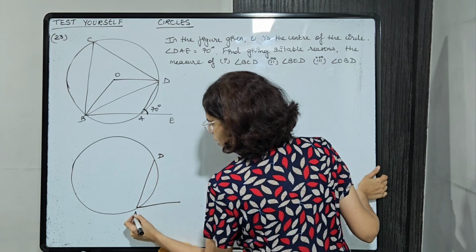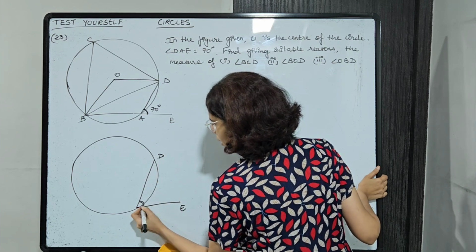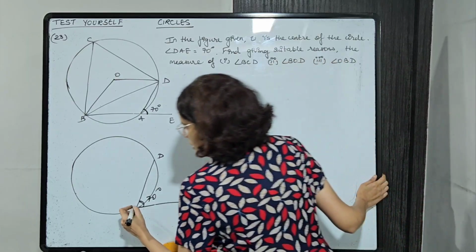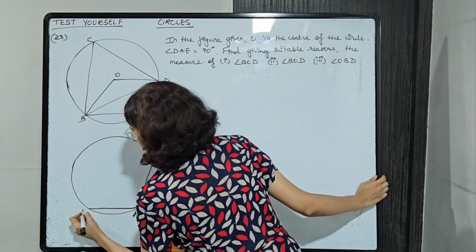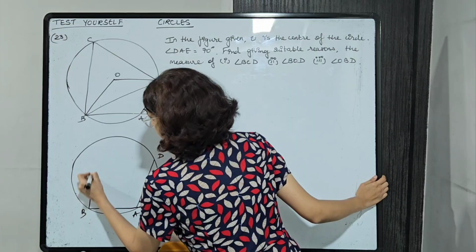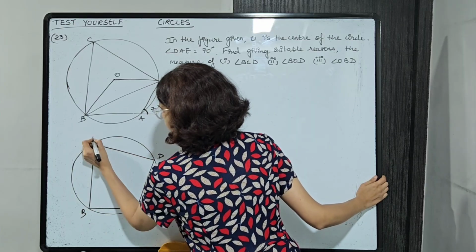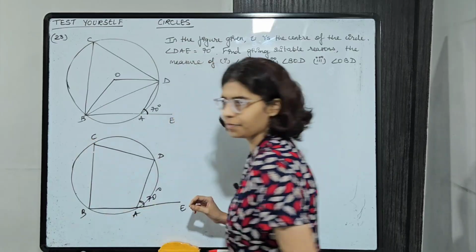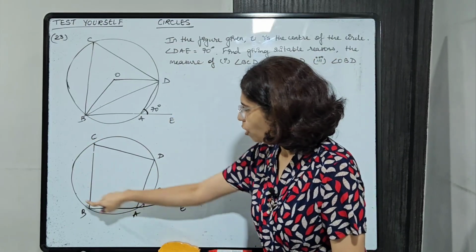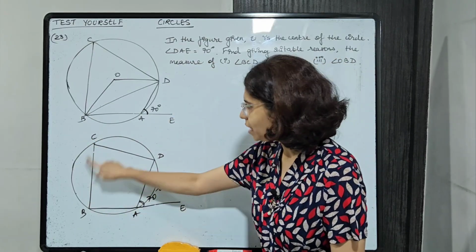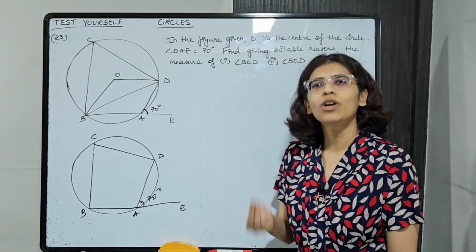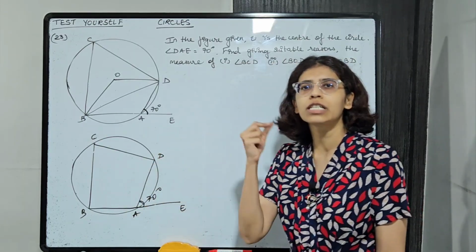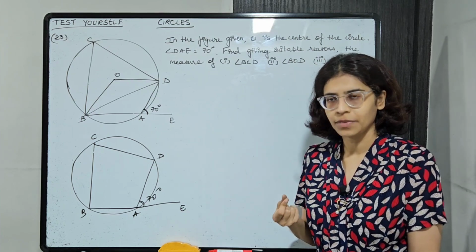We are given angle DAE, right? DAE is 70. This quadrilateral ABCD that we can see is a cyclic quadrilateral because the vertices A, B, C and D are lying on the circumference of the circle.